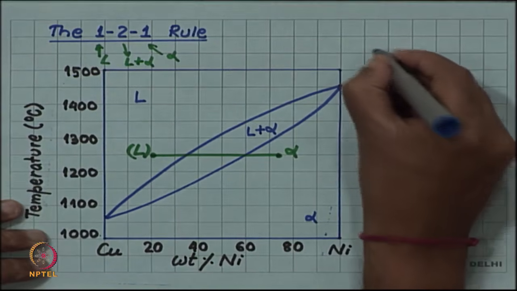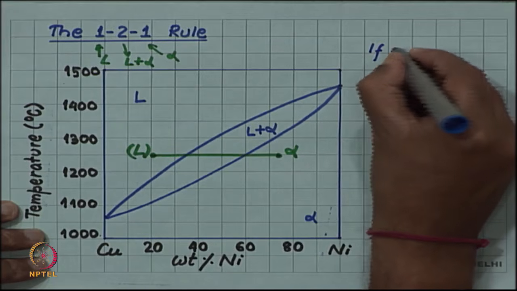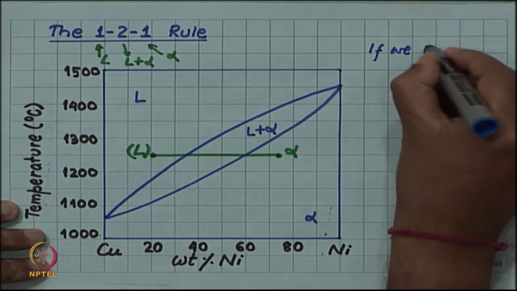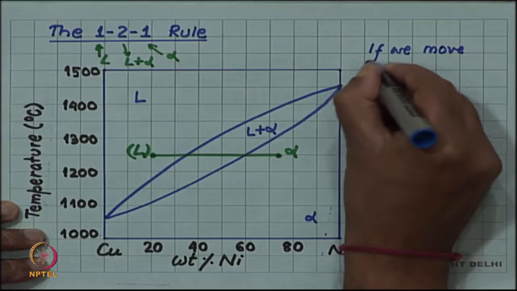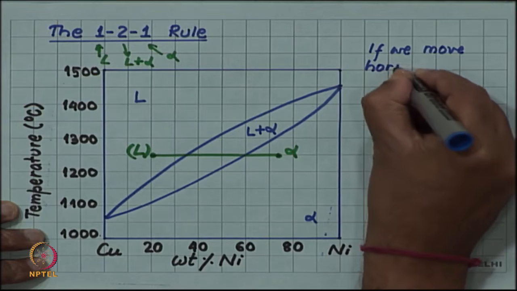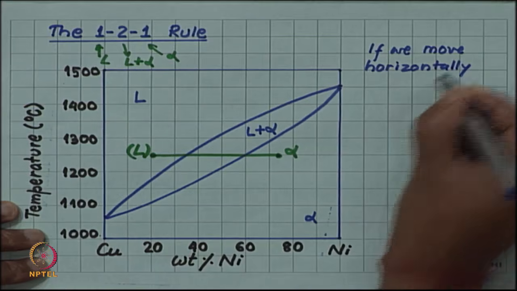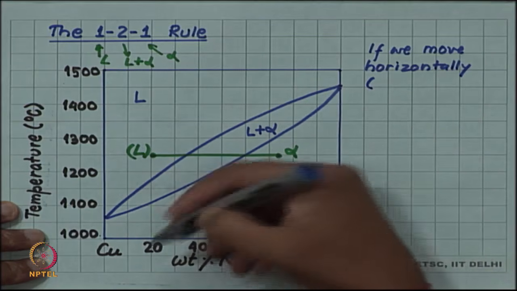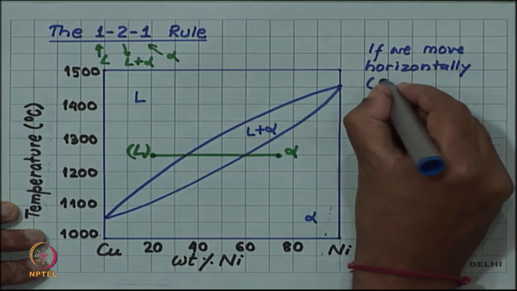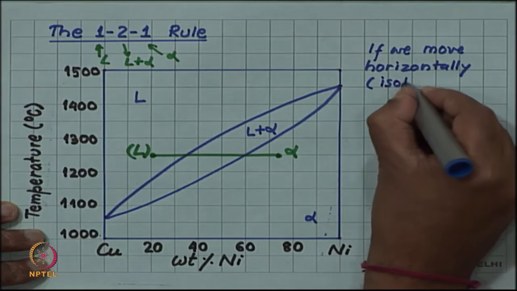So, let me write this down. If we move horizontally, since our y axis is temperature, moving horizontally is moving along an isotherm.